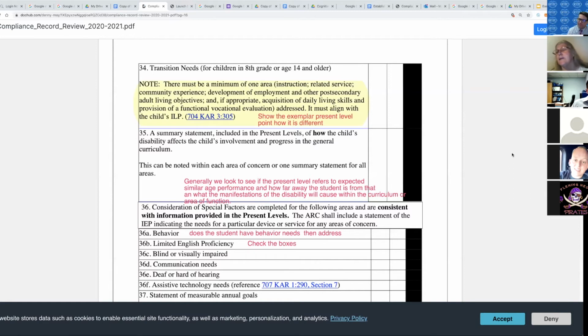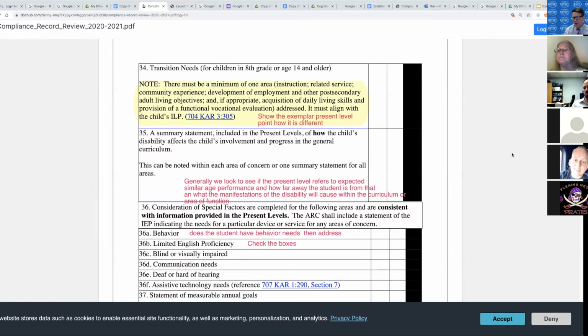Yeah, if a child has issues with reading, that's the academic piece. And on that crosswalk that we created with the IEP coaching tool, it will show those things for you. You can look at the impact and all that on that. But the reading is what you will be addressing in there, because that's the academic piece that KDE, or whoever's going to be looking at, is looking at.